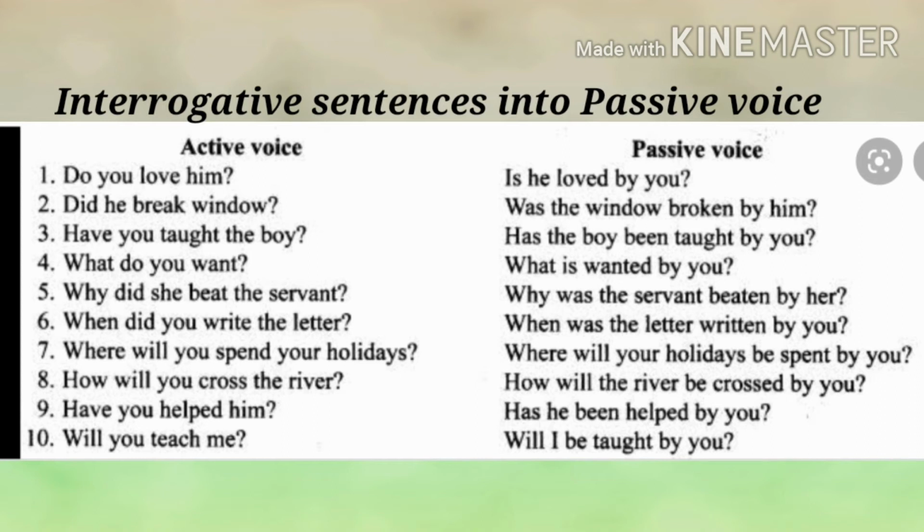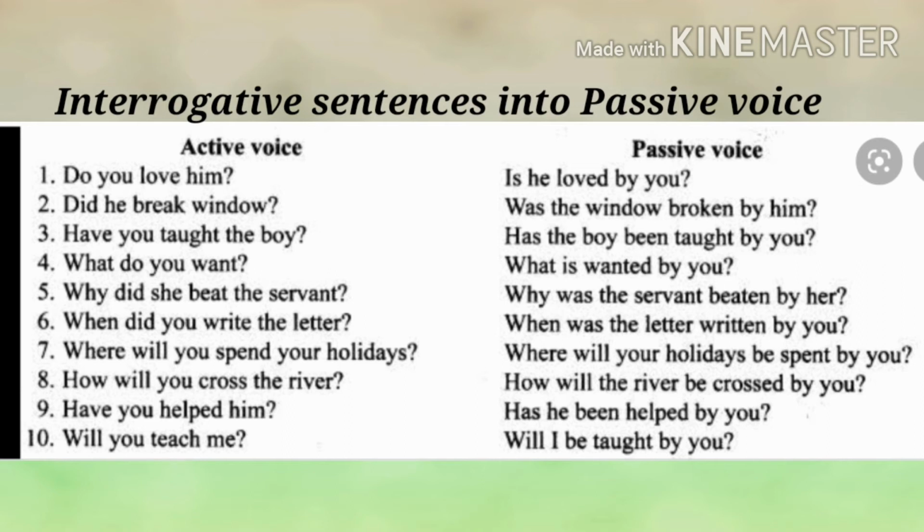If our sentence starts with did, in passive voice we will use was or were according to our object, and our object is window. With the window, we will use the verb was. Was the window broken by him? Remember one thing, if our sentence is interrogative in active voice, it will be interrogative in passive voice also.